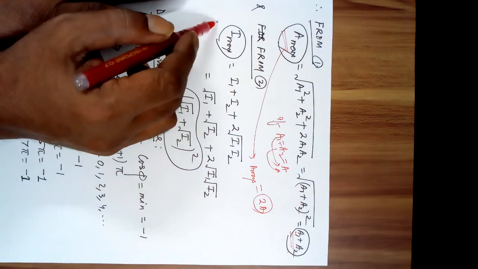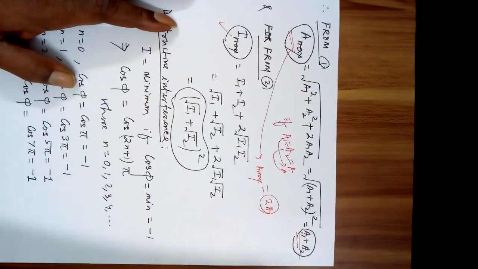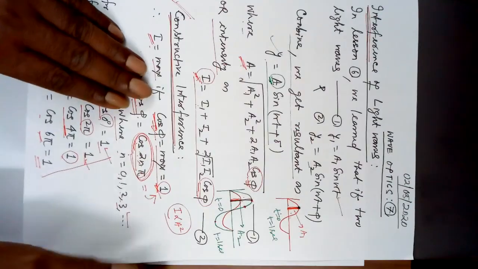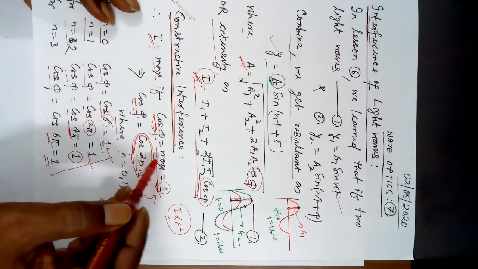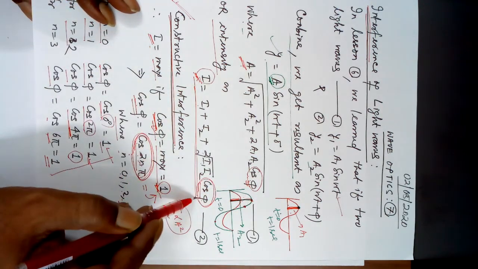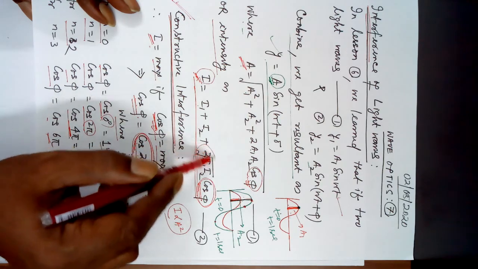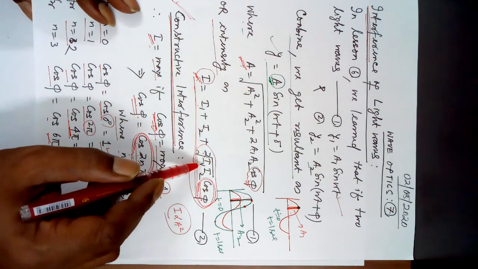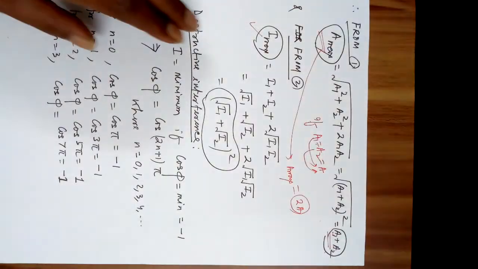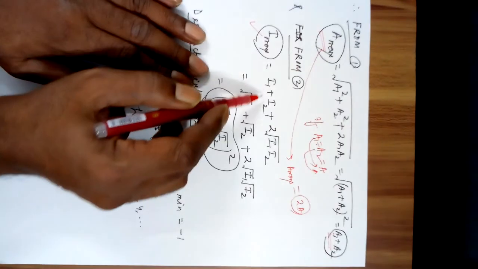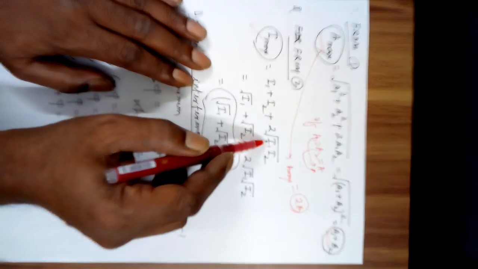Now look at the intensity maximum, and the expression for intensity we had derived in the previous lesson as this. So this will be maximum, I just explained, when this cos phi is equal to 1. So if this is 1, then this becomes 2 square root of I1 I2, this becomes 1. So your I maximum is equal to I1 plus I2 plus 2 square root of I1 I2.